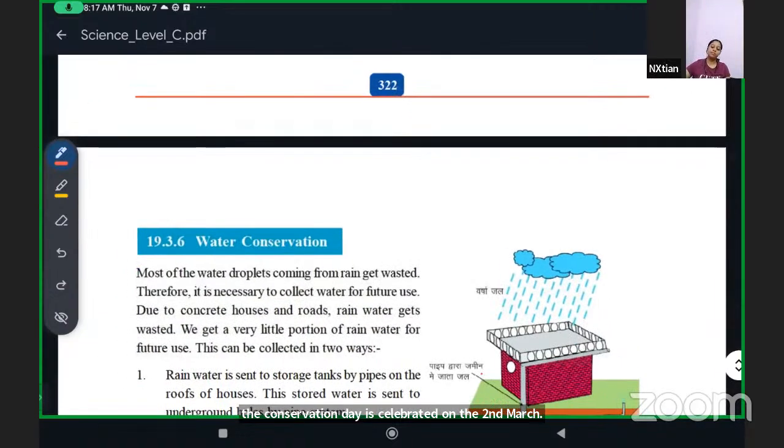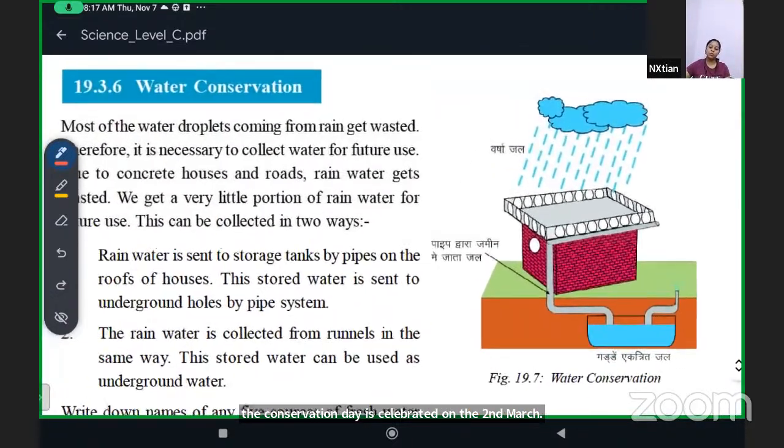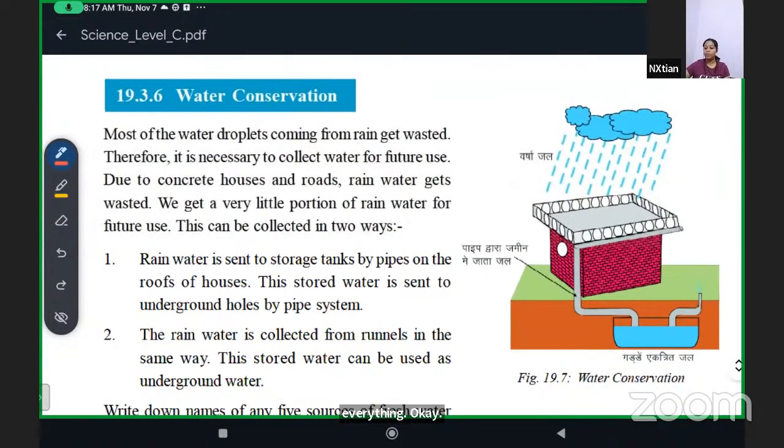Okay, then we are having water conservation. Now, water is a source, but like I said, not all the water on the earth is accessible.